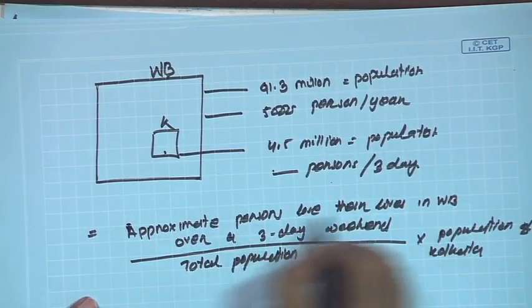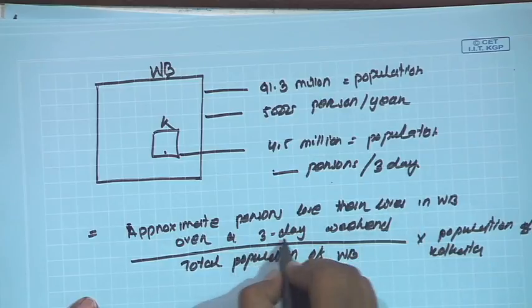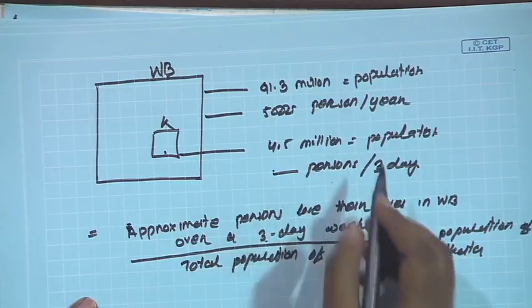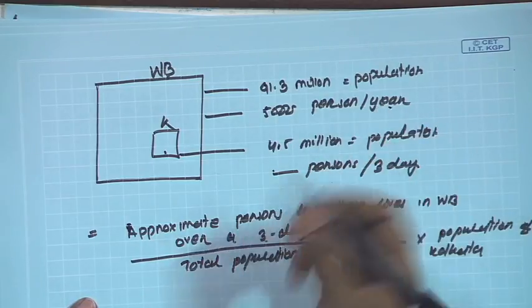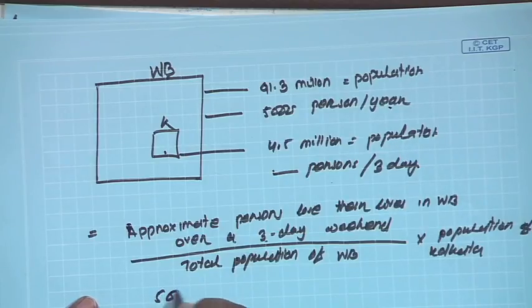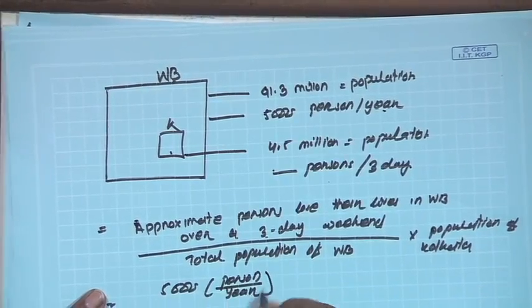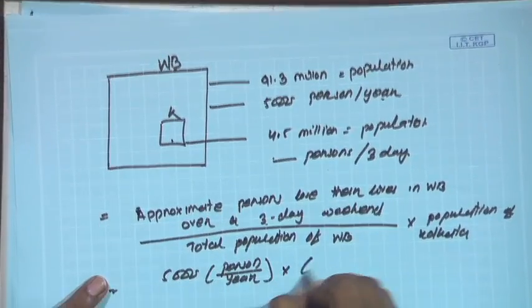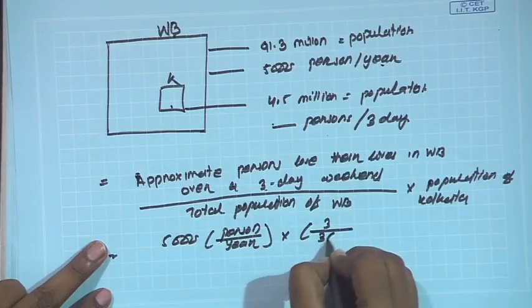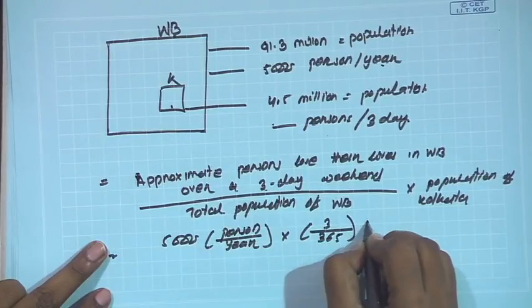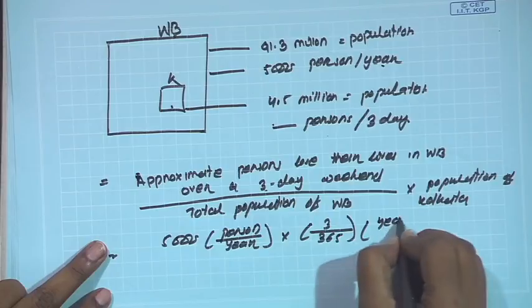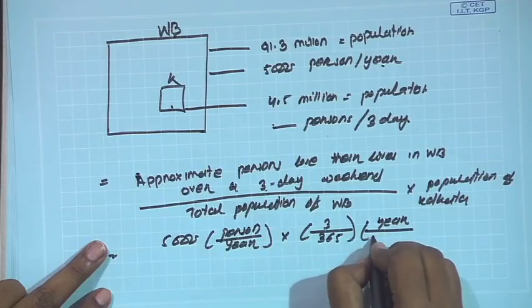Here the loss should be in terms of per 3-day weekend, but here we have per year, so we have to convert that into 3 days.